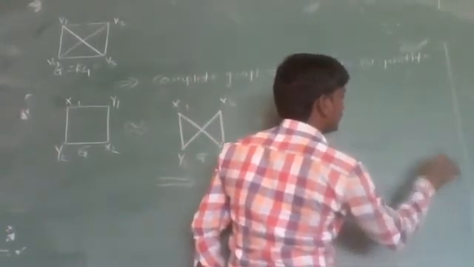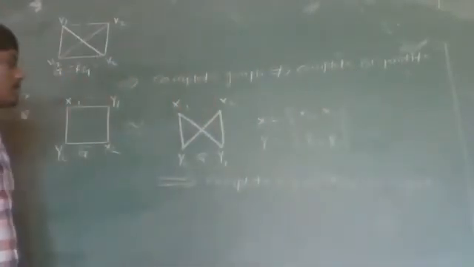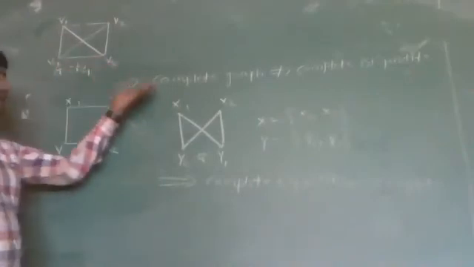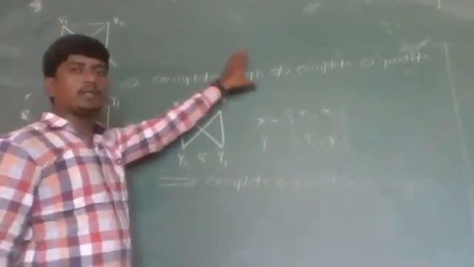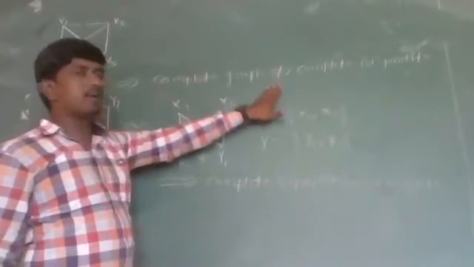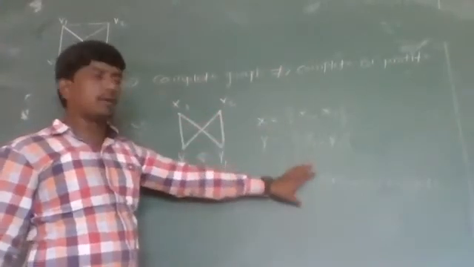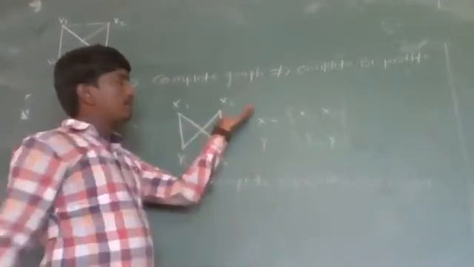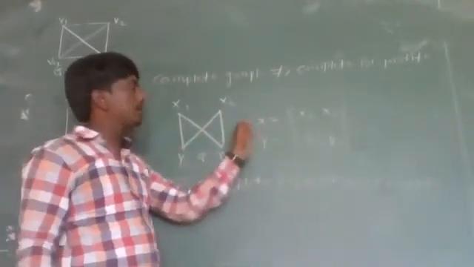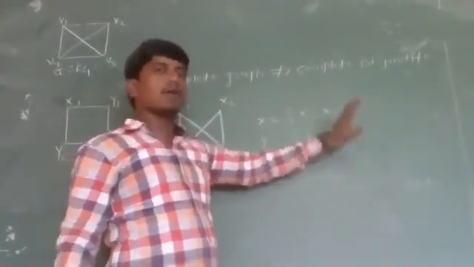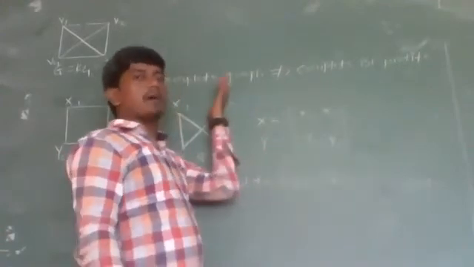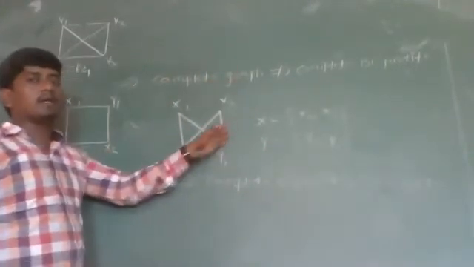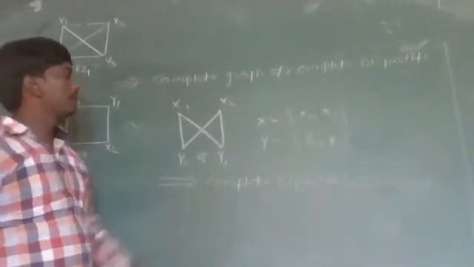So we have seen that there is no general relation between the bipartite graph, complete bipartite graph, and complete graph. Every bipartite graph is not a complete bipartite graph. Every complete graph is not a complete bipartite graph. Every complete bipartite graph is not a complete graph. But every complete bipartite graph is a bipartite graph.